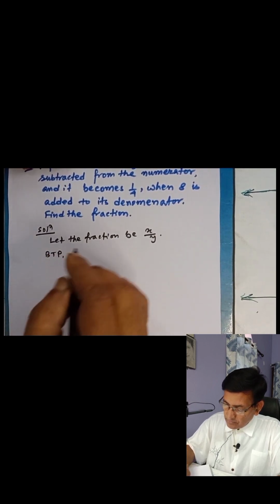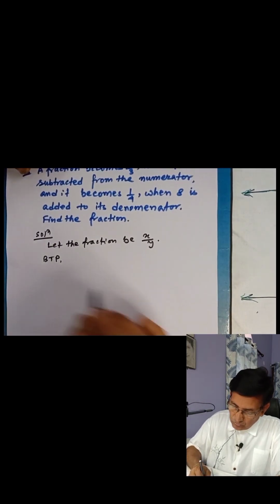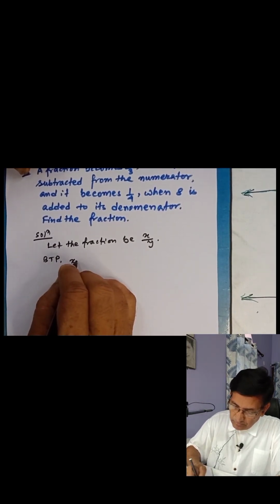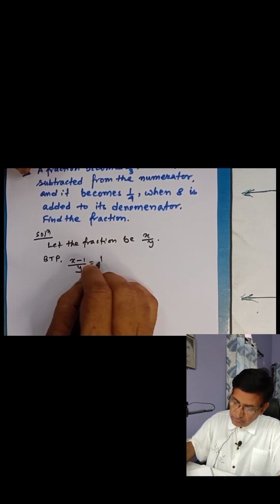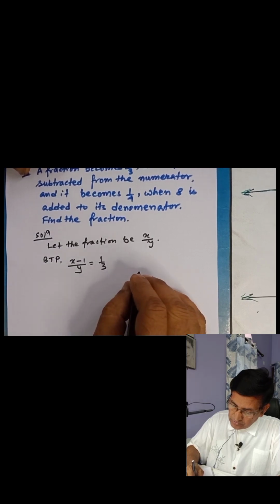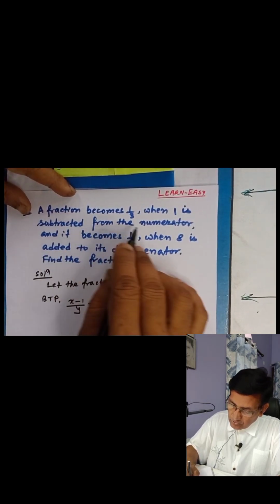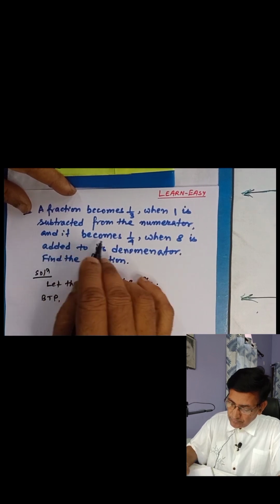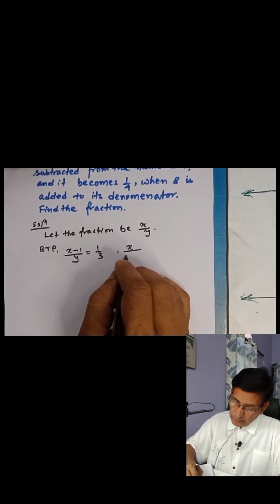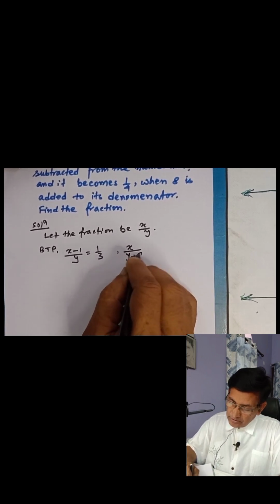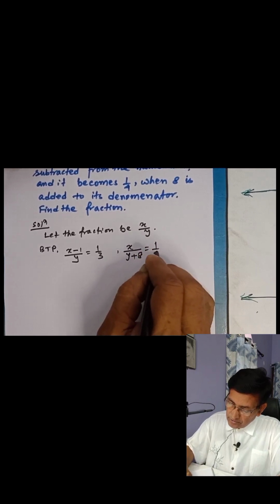By the problem, a fraction becomes 1/3 when 1 is subtracted from its numerator. So x minus 1 by y is equal to 1/3. And also, it becomes 1/4 when 8 is added to its denominator. x divided by y plus 8 is equal to 1/4.